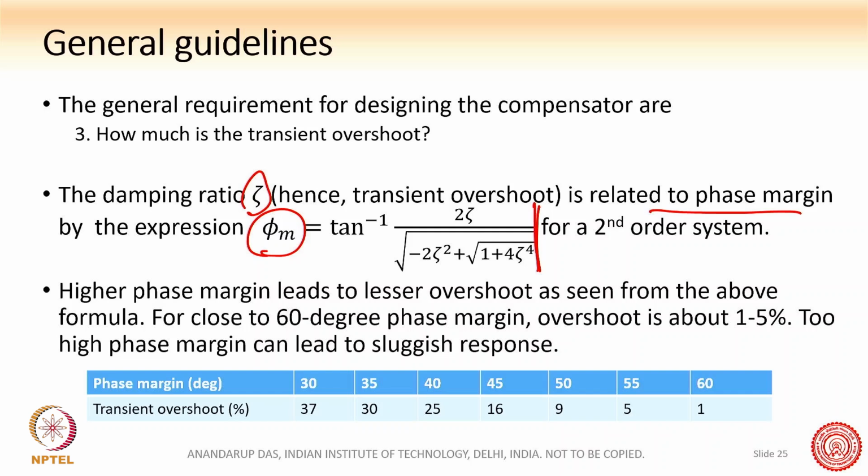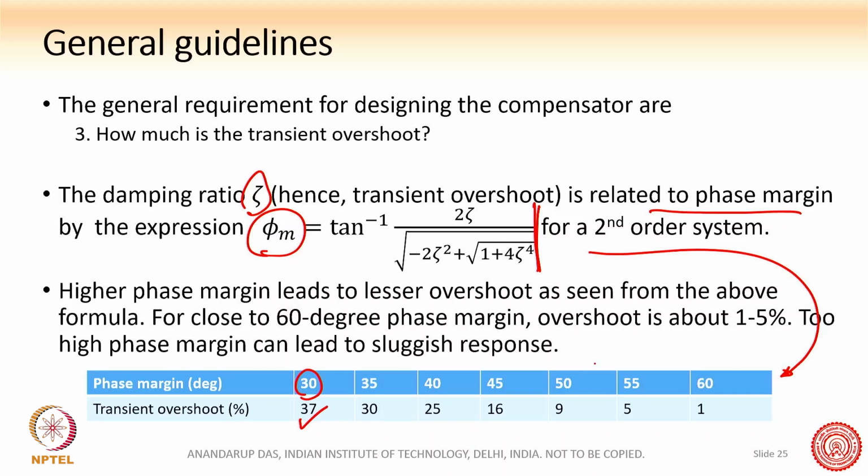And for a second order system, of course, we are talking about a second order system, higher phase margin leads to lesser overshoot. We have plotted this equation here, and you can see that if the phase margin is about 30 degrees, the overshoot is high, 37%.